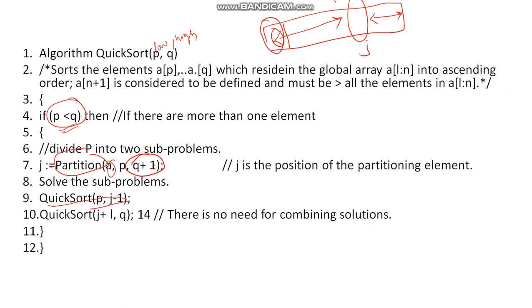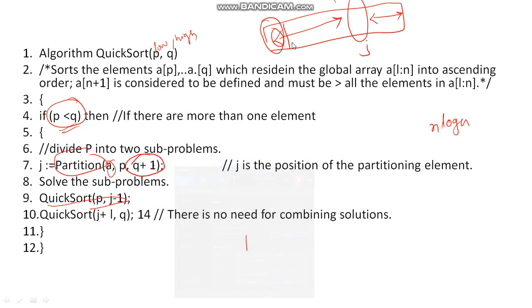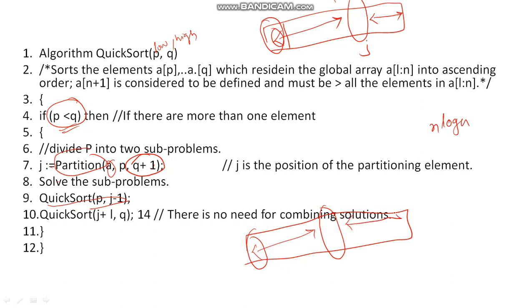And the complexity of the quicksort in the best case is n log n. And how it is n log n, I will tell you. Let us say an array is there, and if it happens that every time the pivot element we are selecting is placed at the middle location, then the first subarray is sorted separately, the second subarray is sorted separately.